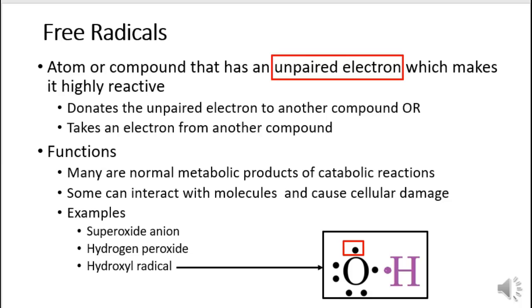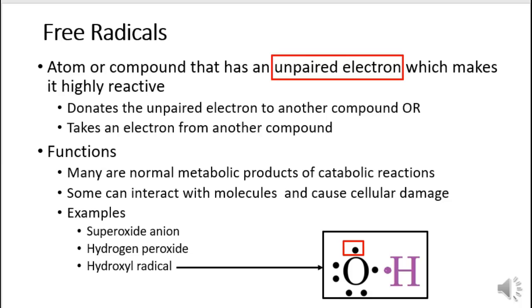Some other highly reactive compounds that we might encounter, or you've heard of anyway, we won't really discuss them very much, are called free radicals. Free radicals are either atoms or compounds that have an unpaired electron. That makes them very reactive. Electrons like to be paired, to have at least one partner.